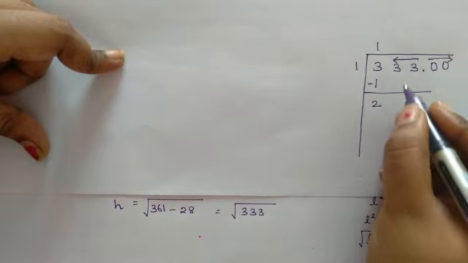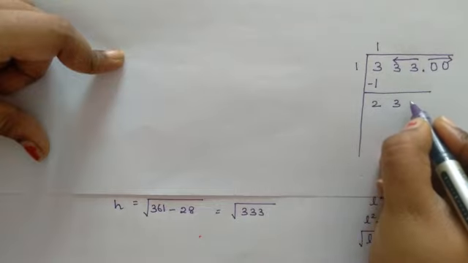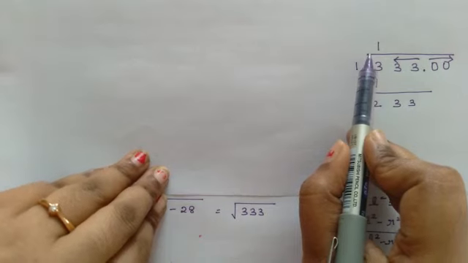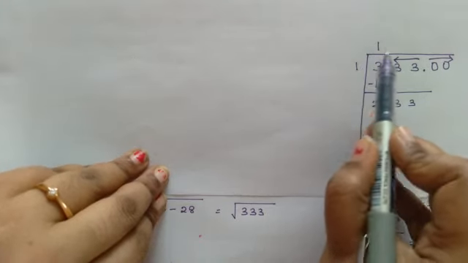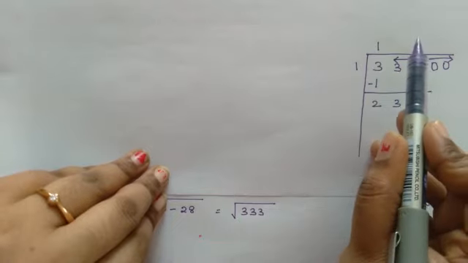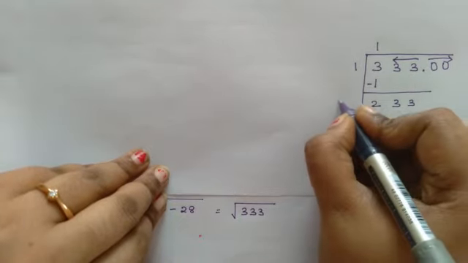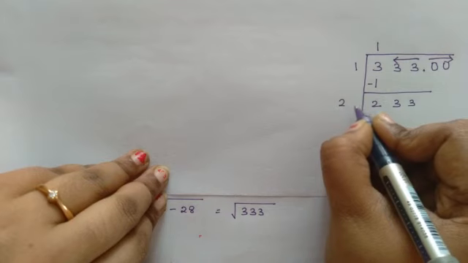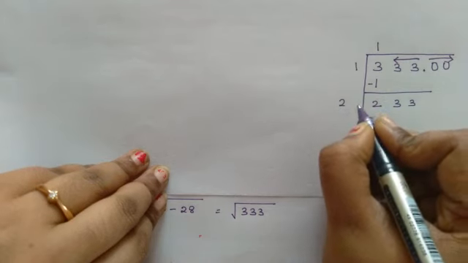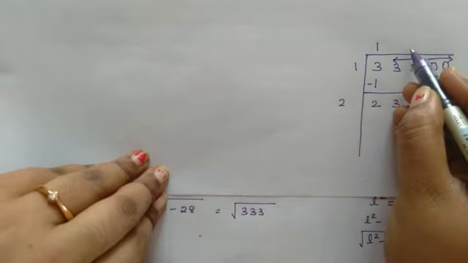Bring down the next pair of digits. What is the next pair? It's 33. Bring it down. Then double the quotient. What is the quotient there? 1. Double the quotient, 1 into 2, 2, or 1 plus 1, 2, and leave a space here. In this space we are going to fill in a digit, and the same digit we place here also.